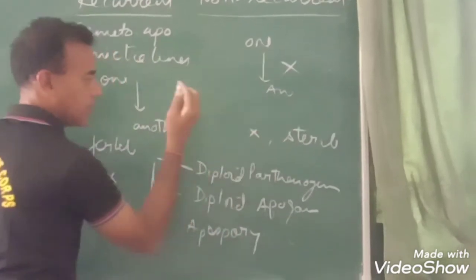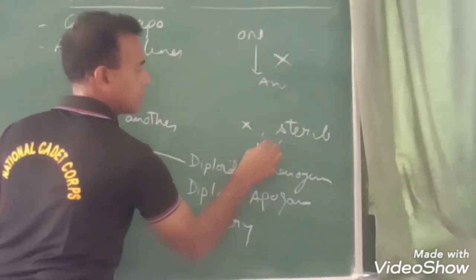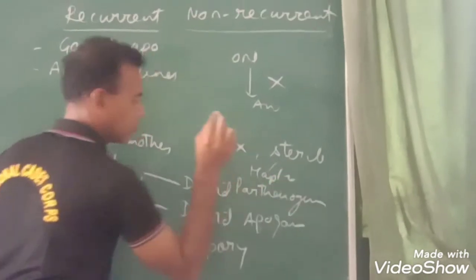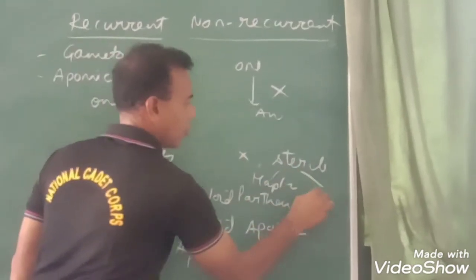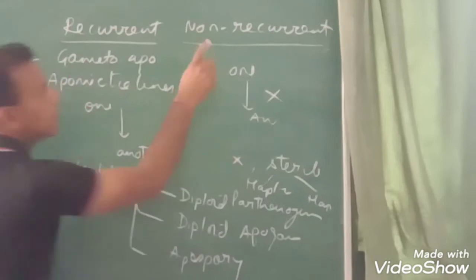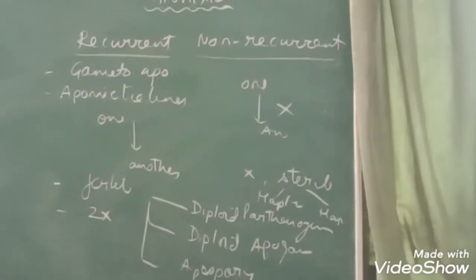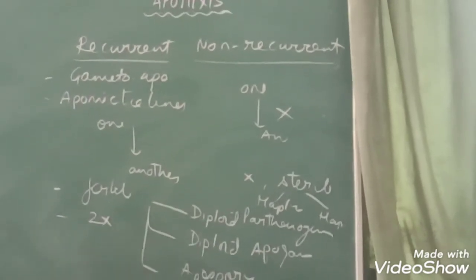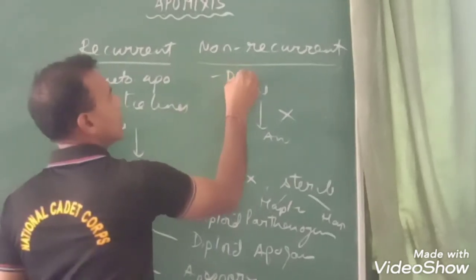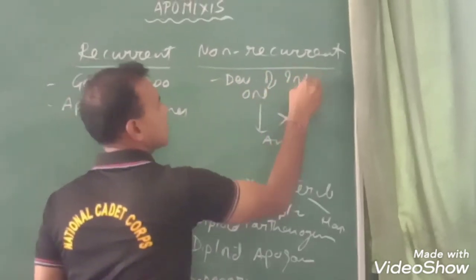Non-recurrent can be of two types: haploid parthenogenesis and haploid apogamy. These non-recurrent apomictic lines are used in the development of inbred lines.